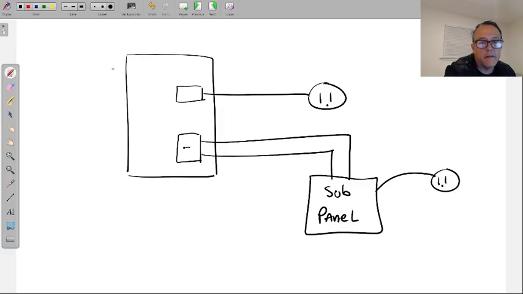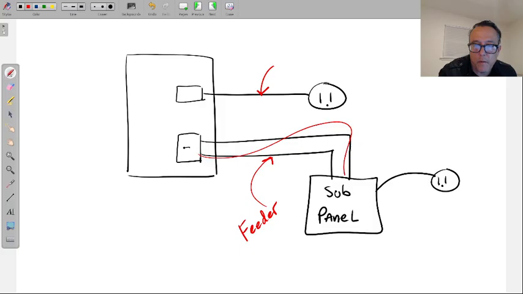So these wires here would be considered branch circuit, but these wires here are not considered part of the branch circuit. These wires here are what we call feeder wires. You don't have to write this part down, but just so you understand what the branch circuit is, because they are feeding power to a panel, and now these wires leaving that panel and going to an outlet, this would again be considered a branch circuit.